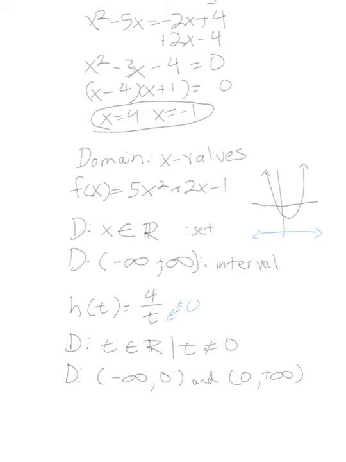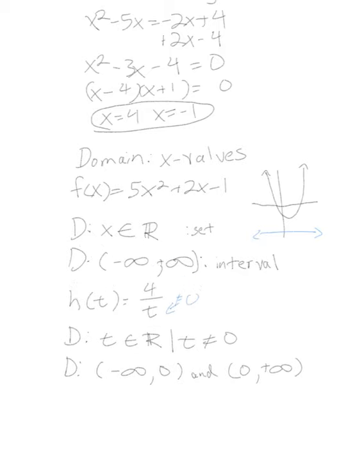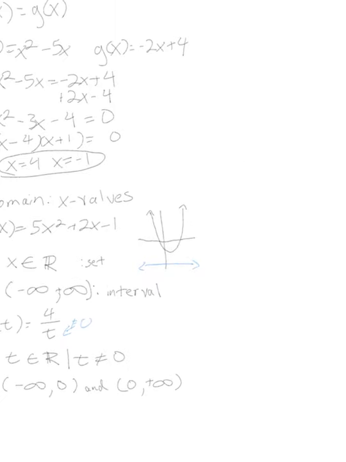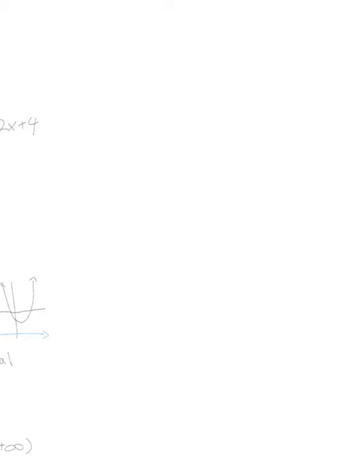Okay, so another example. Let's move over here. Let's say another function now, instead of t, let's say y. Let's say g of y equals the square root of y minus 10 over y plus 2.